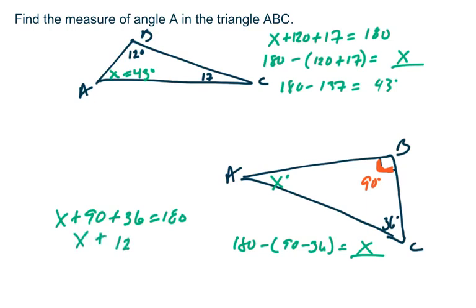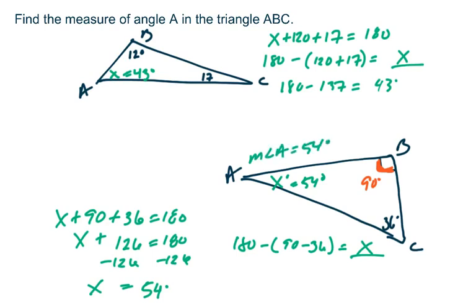And we'll have X plus 126 equals 180. I'm going to subtract 126 from both sides to isolate my variable, and I get that X is 54 degrees. So here, the measure of angle A is 54 degrees. Up here, just for notation, the measure of angle A was 43 degrees.